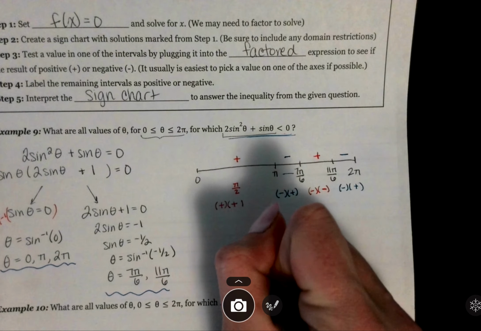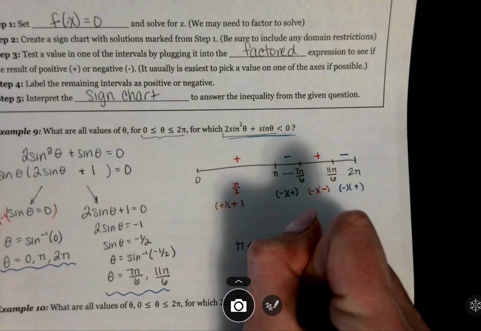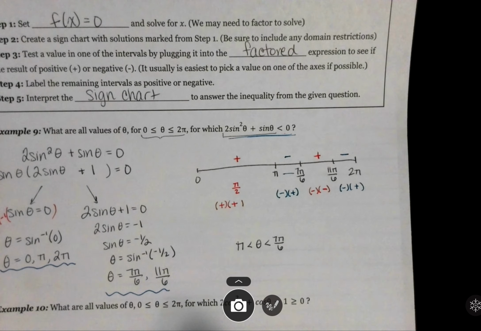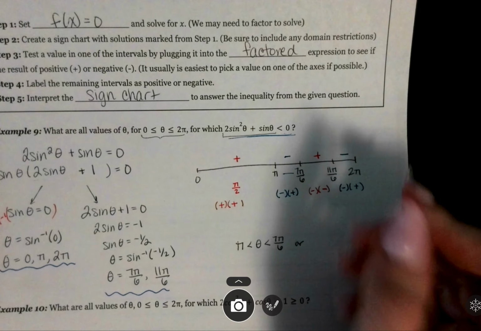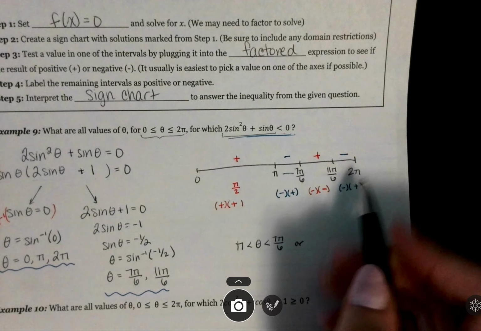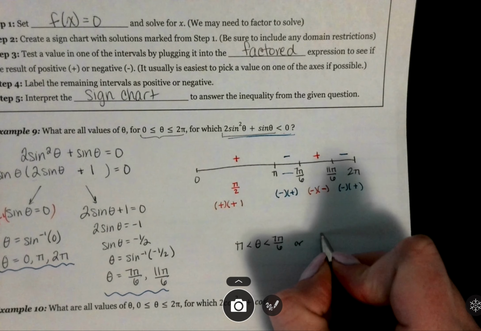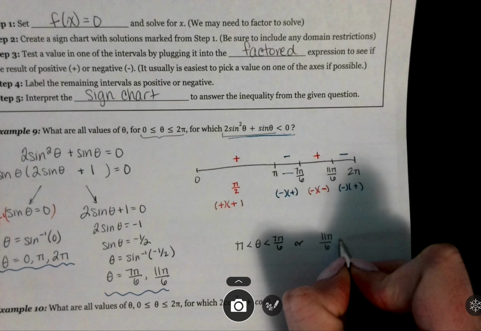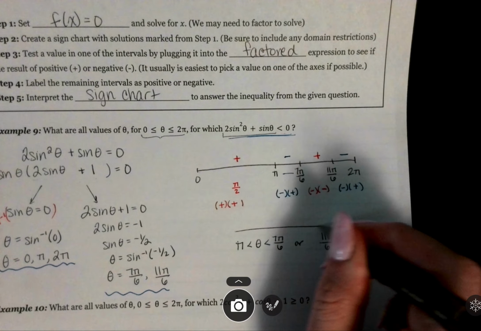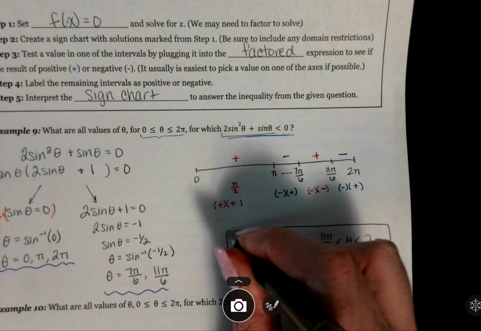So I'm going to say theta is less than 7 pi over 6 but greater than pi, in this interval. Or it could be in this interval where it's negative, that would be less than 0, from 11 pi over 6 to 2 pi. So this would be my final answer.